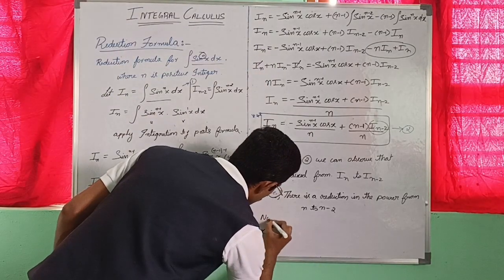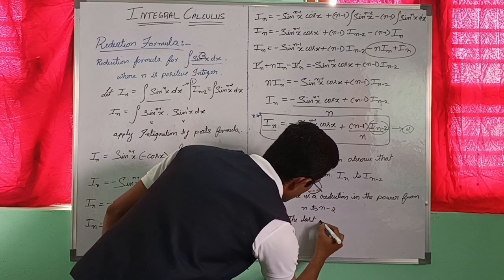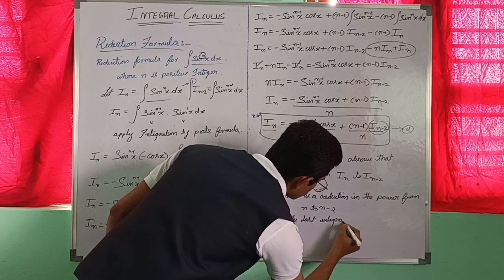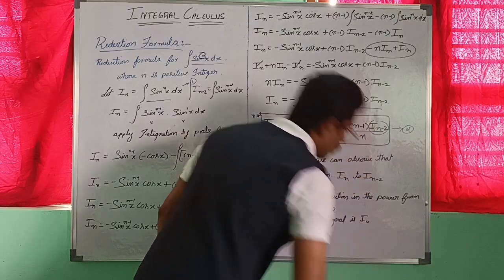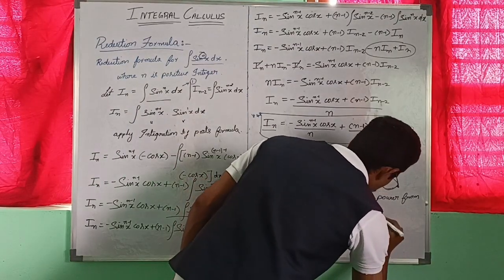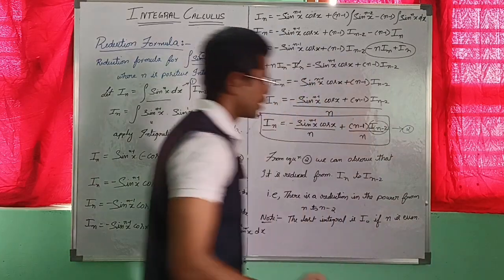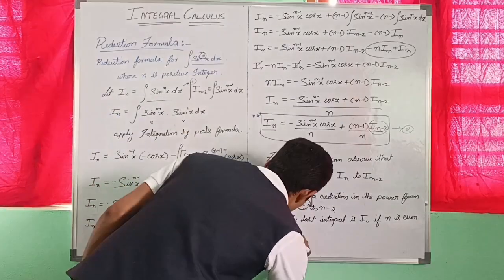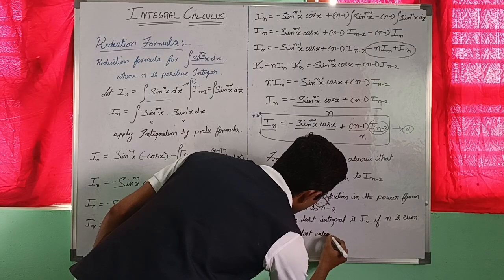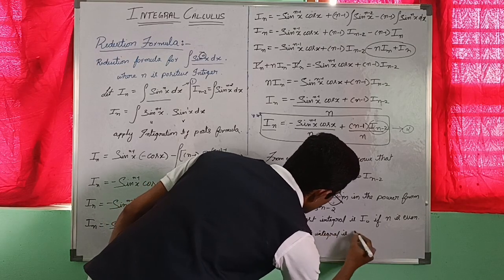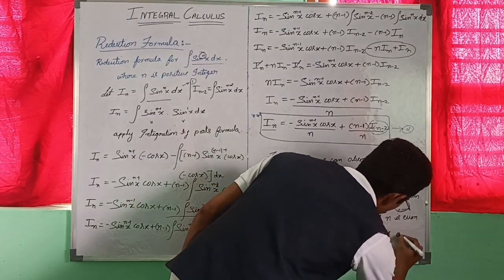Note: the last integral is I naught if n is even, and the last integral is I1 if n is odd.